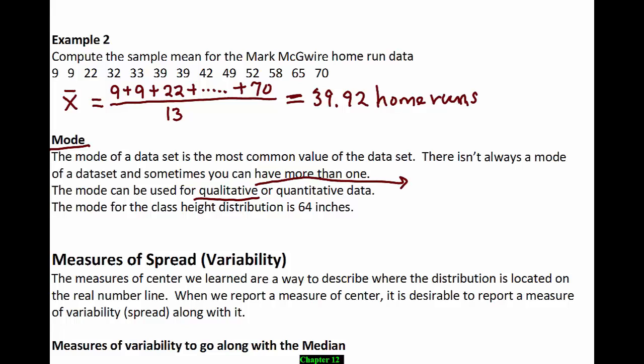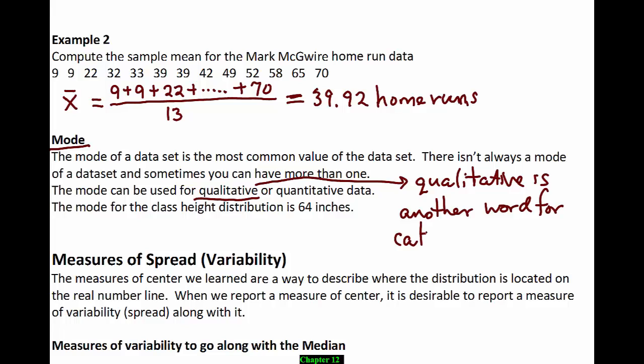Qualitative is another word for categorical, qualities. So when you're talking about car color, for instance, you might talk about the most common car color. That would be the mode of a data set. So it can be used for quantitative data or categorical data.